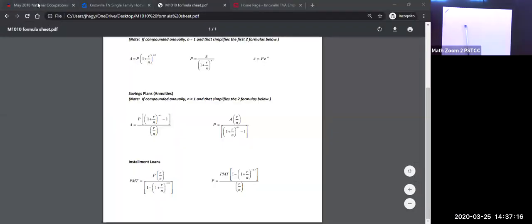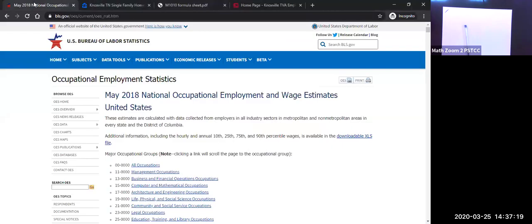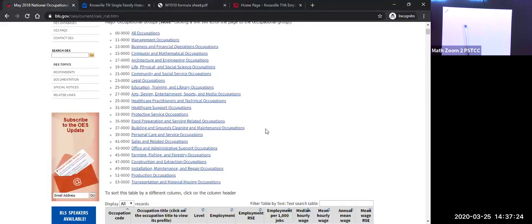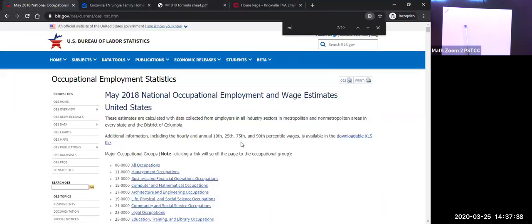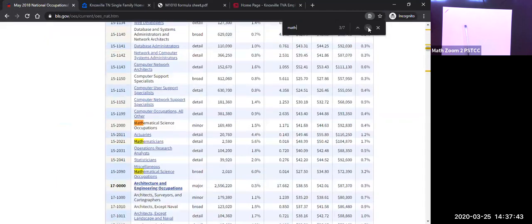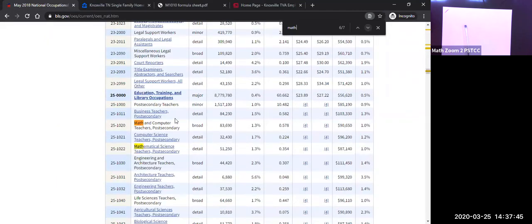So let's look online. Here I'm looking at the Department of Labor and Statistics, which keeps salary data. There's all sorts of different occupations here. You can look here or you can look on websites specific to your occupation, but just find out what the average annual salary is. If I look on here, I see math and science teachers, post-secondary.